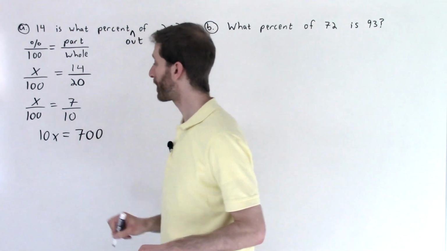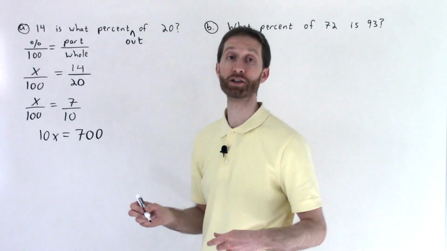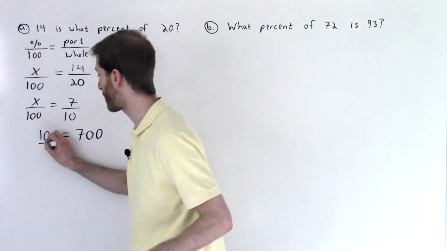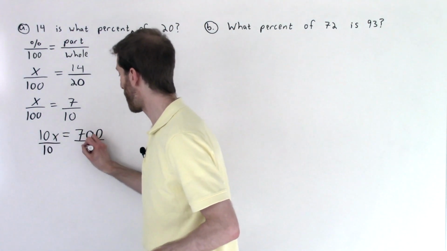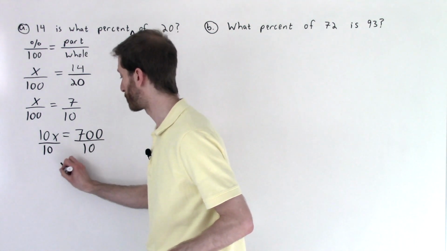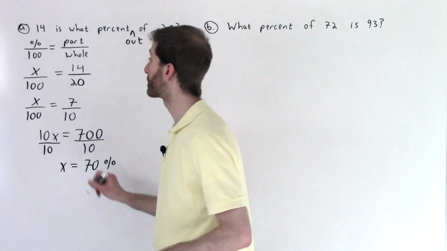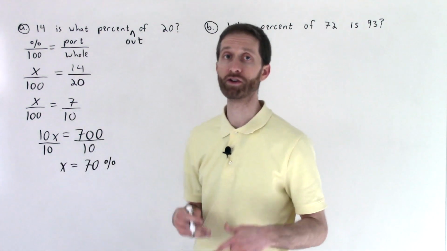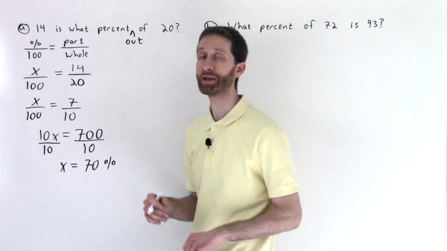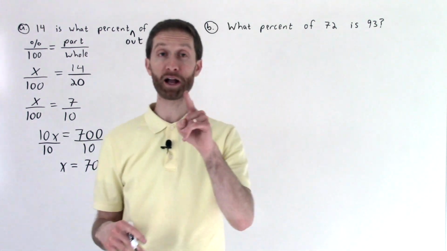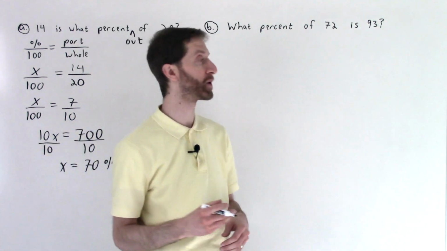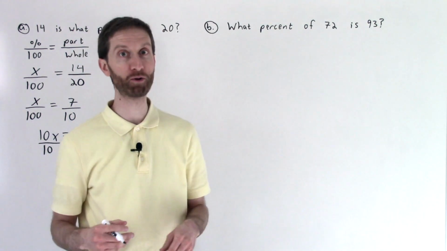So now we're left with a very easy division problem because we're going to divide to undo multiplication by 10. I'm left with x is equal to 70. And that is actually a percent because it's 70 out of 100 and you're asked for the percentage here. There you have it, peeps, all about the setup. Let's practice one more. It's going to be similar to this one. I promise you, you'll be rocking and rolling with it.